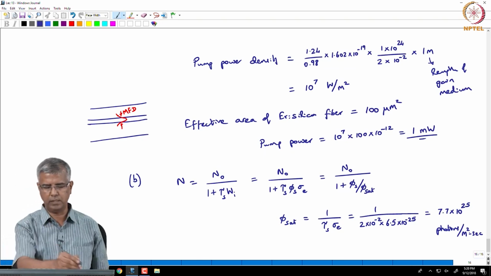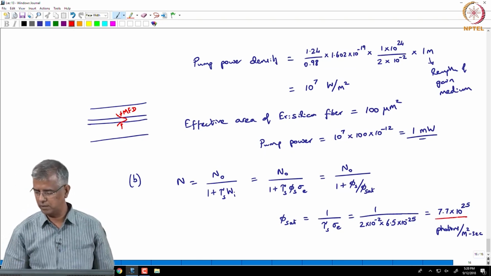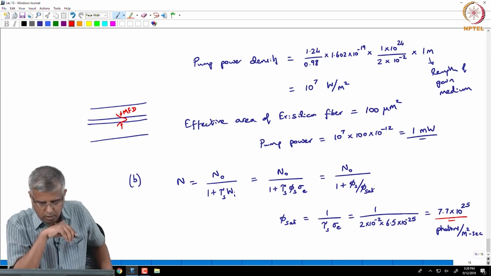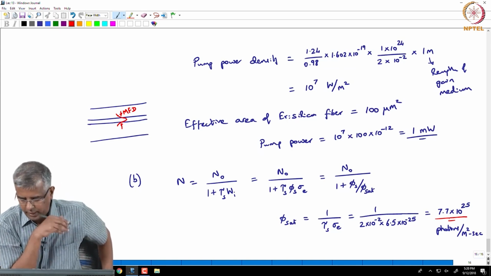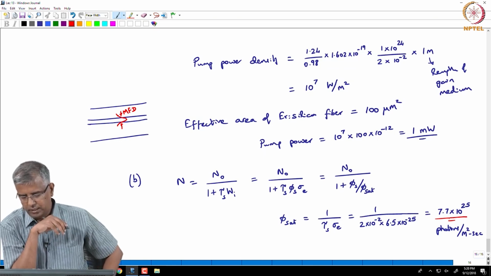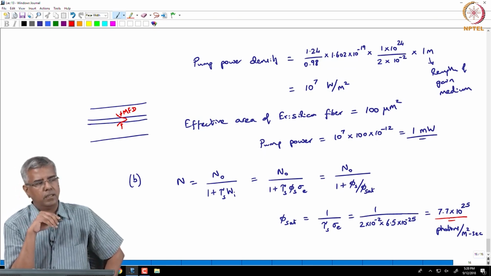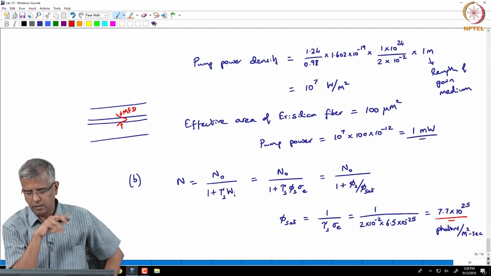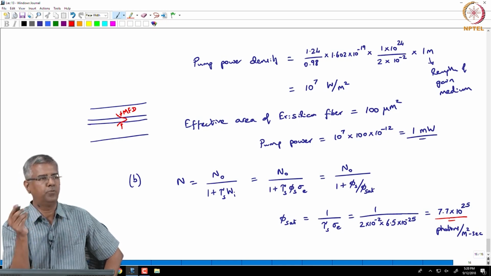That is the flux density, the saturation flux density. So, the other way of defining your gain saturation is such that phi s equals phi sat.